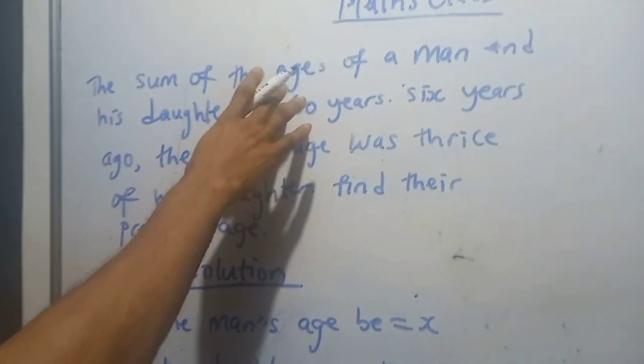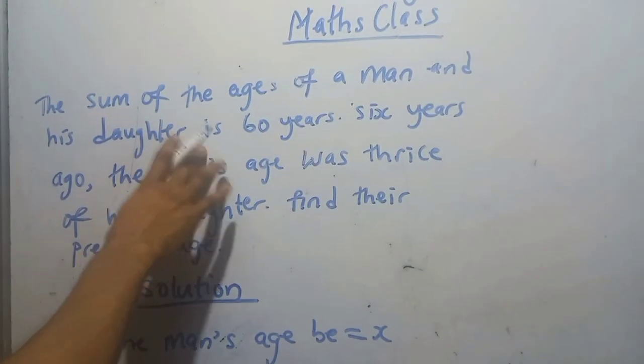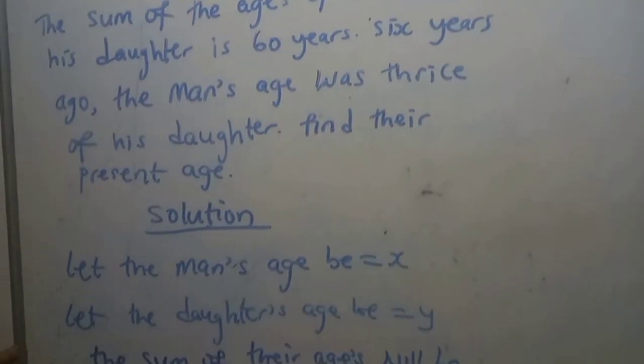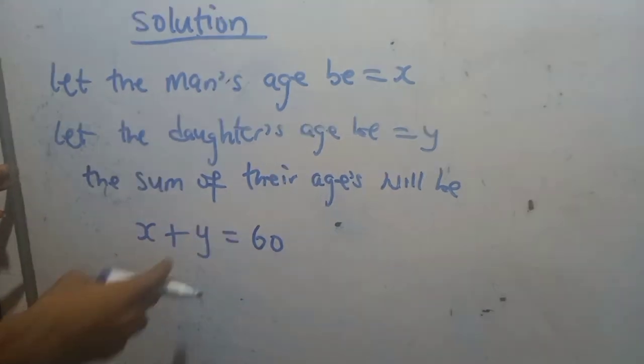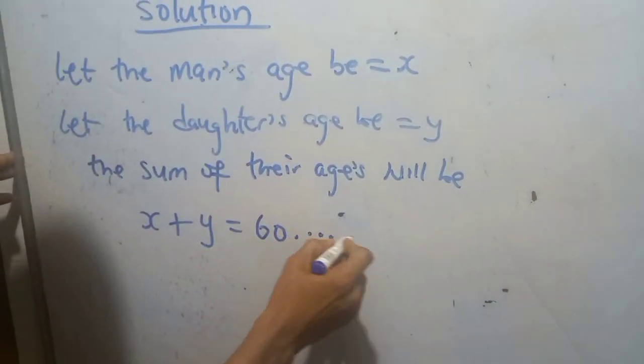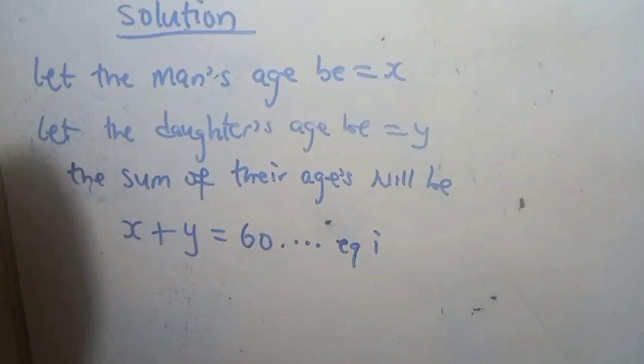The sum of the ages of a man and his daughter is 60 years. That is the sum of the man and the daughter's age. So this is equation 1.